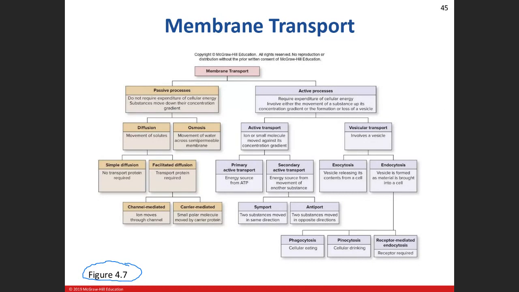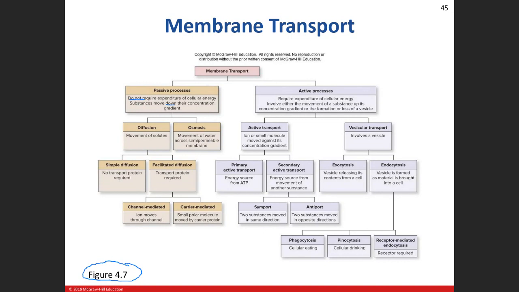For example, passive processes do not require energy. That's good. And they move substances down their concentration gradient, which means if I have 100 things in one hand and one of that same thing in my other hand, I have a high concentration of the stuff in this one hand and a low concentration in the other.